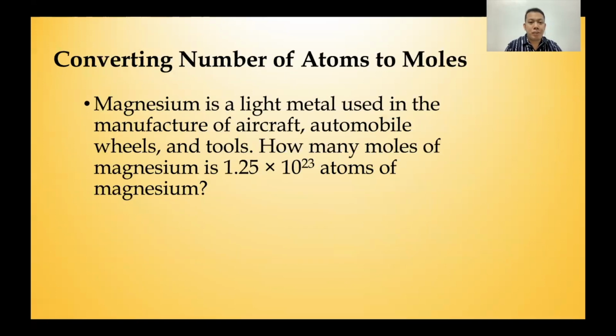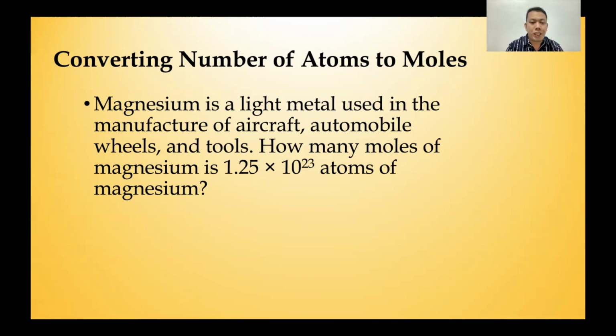So, for example, magnesium is a light metal used in manufacture of aircraft, automobile wheels, and tools. How many moles of magnesium is 1.25 times 10 to the 23rd atoms of magnesium? First, you have to analyze the given. Your given is the number of atoms of magnesium, which is 1.25 times 10 to the 23rd atoms of magnesium.